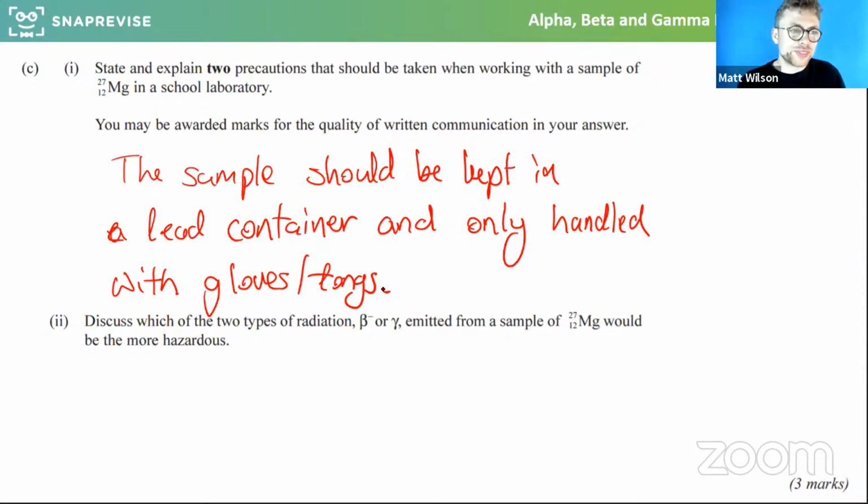Really nice, well done. Finally, discuss which of the 2 types of radiation, beta minus or gamma, would be the most hazardous. Okay, so this is quite an interesting question because beta is more ionizing, but it's less likely to reach you.